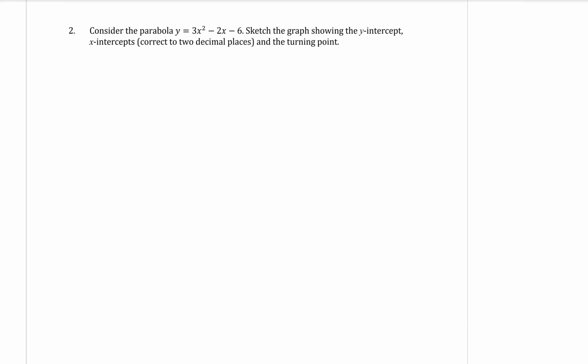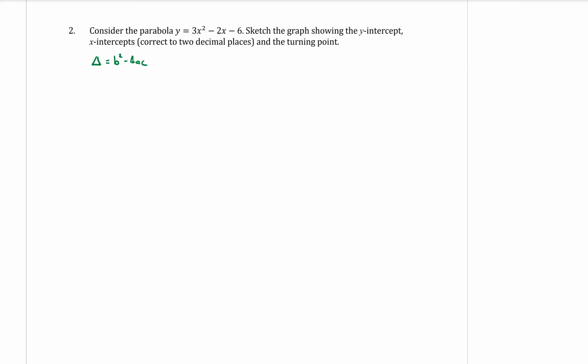Okay, so we don't know how many x-intercepts, if any, that there are going to be. So what we're going to do is use our discriminant again to work out how many solutions we're actually looking for. The discriminant is b squared minus 4ac.